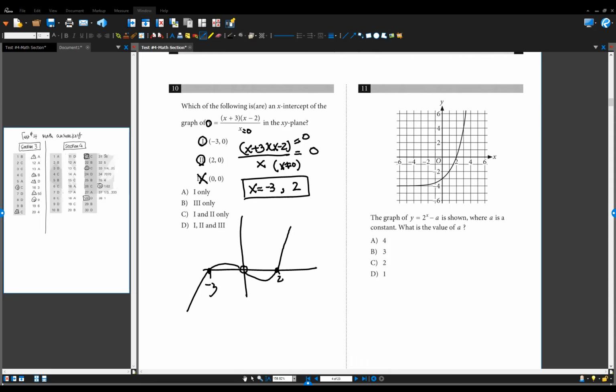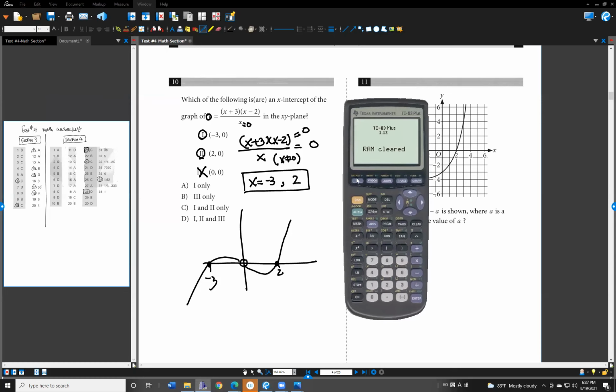Just a minute. There is y equals x plus 3 and x minus 3, x minus 2, x plus 3, x minus 2, and divided by x. Okay, that's the graph. Oh, that's the graph. Okay, I was wrong, right? Okay.